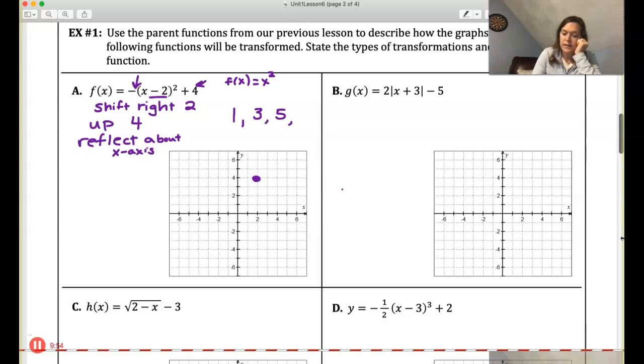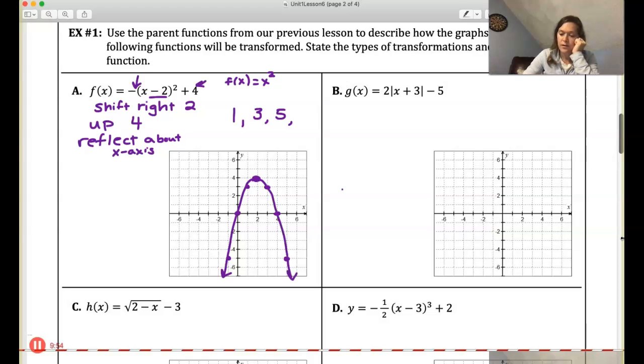So instead of going up, we're going to go down 1 over 1, then down 3 over 1, then down 5 over 1, and we can keep doing that as long as we want, but that looks about right.